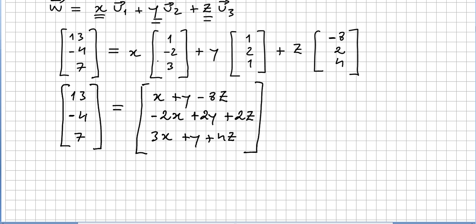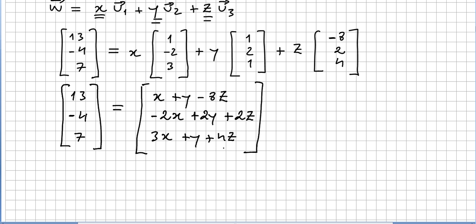At the end of the day this is nothing else but scalar multiplication and adding matrices. So we have 13 equals x plus y minus 8z, minus 2x plus 2y plus 2z, 3x plus y plus 4z.